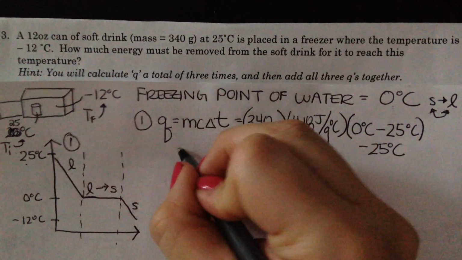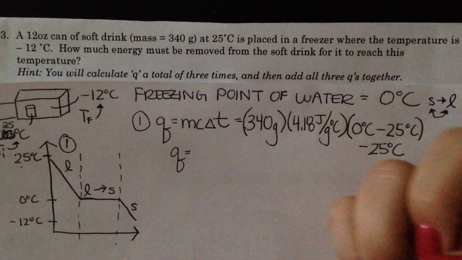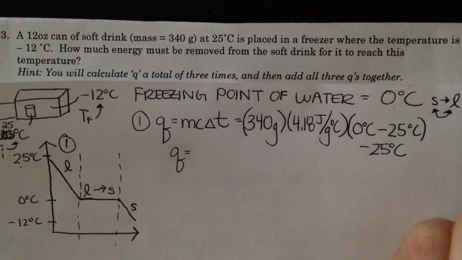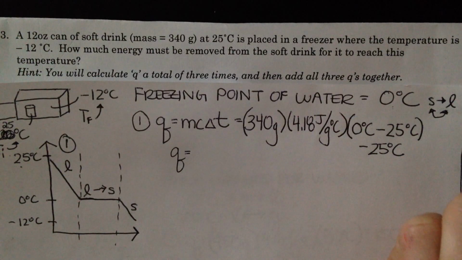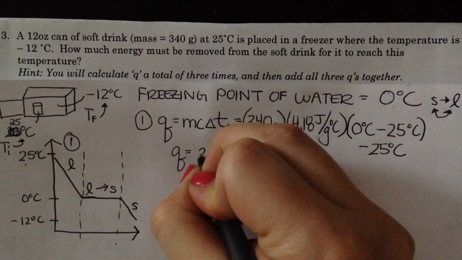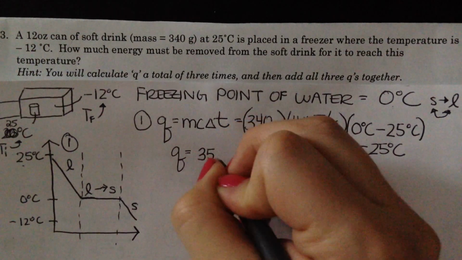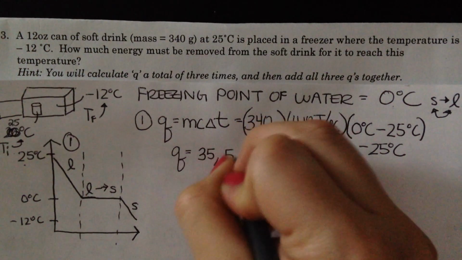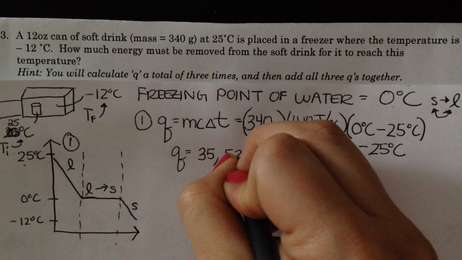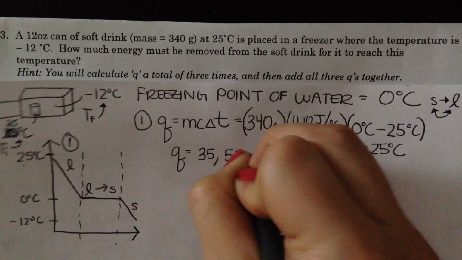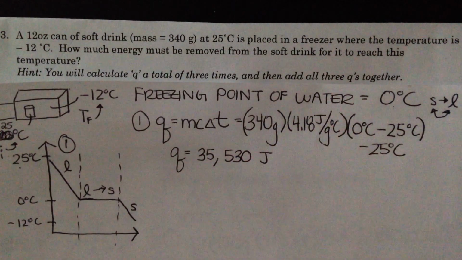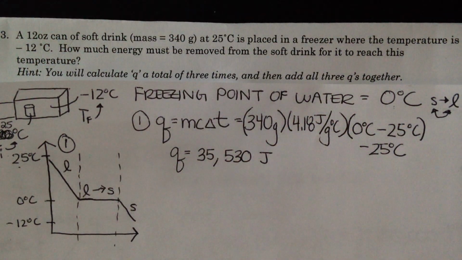Multiplying these out, the amount of energy that's going to be released when my pop is cooled down to its freezing point is 35,530 joules of energy.